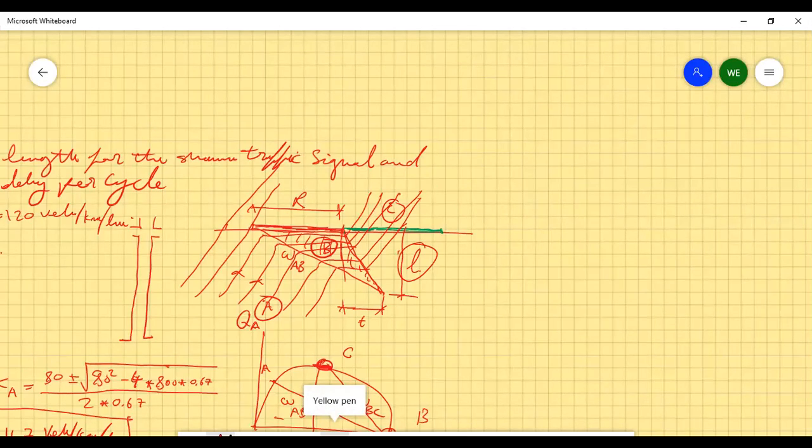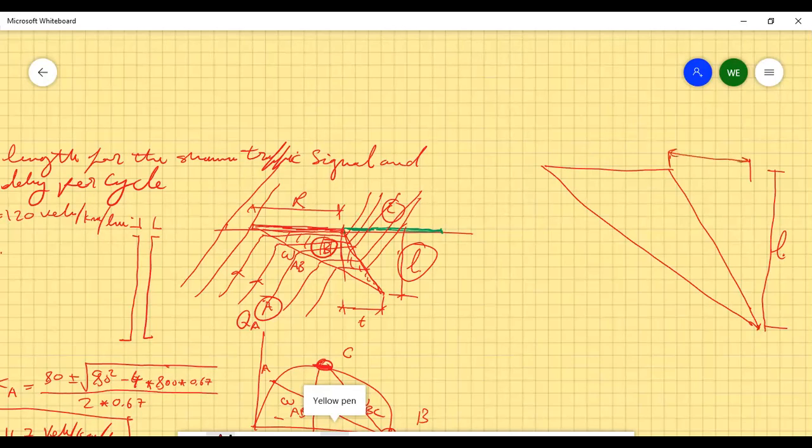We want to calculate. So let's take just on the side here, this diagram. So this height, it's L. And the distance from this point to this point, we are going to give it a time T. And that's the red time.